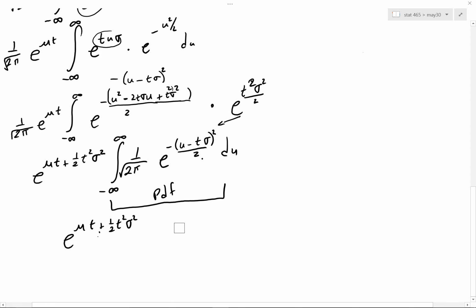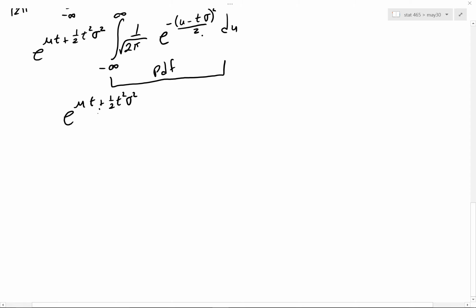That's for any normal distribution. Okay? Now, I happen to like this one. I happen to like the MGF as a function of t, but it for any mu and any sigma. Yes? But what if my mu was 0? That is, what if it was the standard normal?